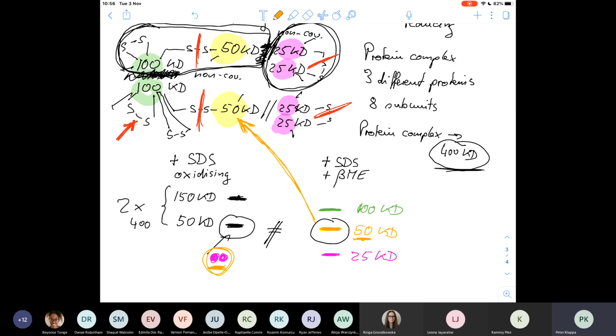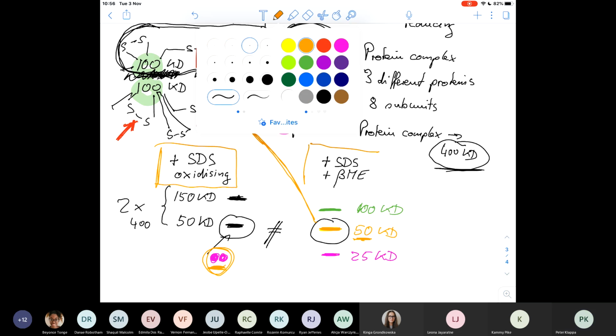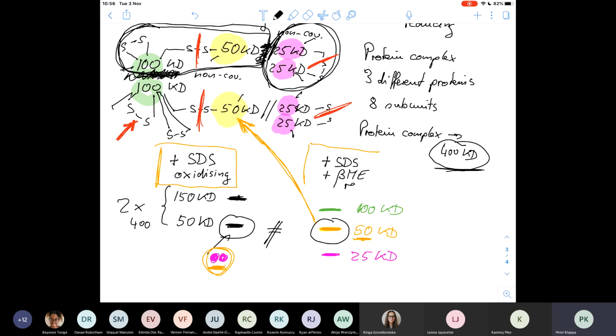So this is basically how the gels would look for this protein complex when we run it either under oxidizing conditions or under reducing conditions. So this would be reducing conditions.